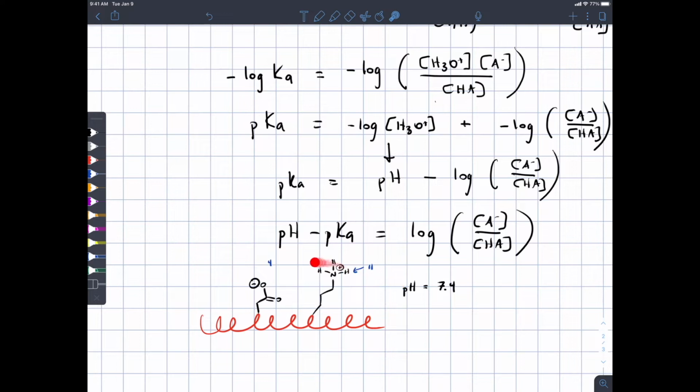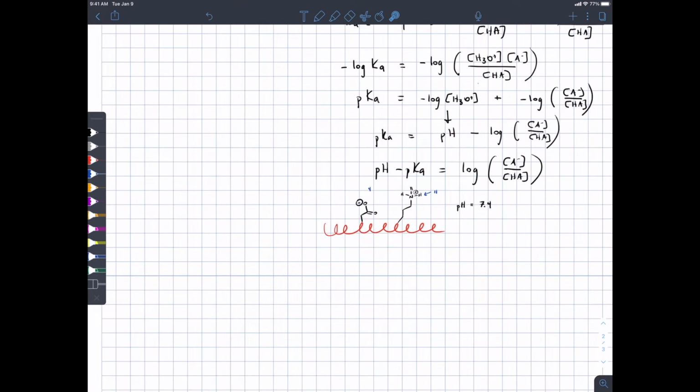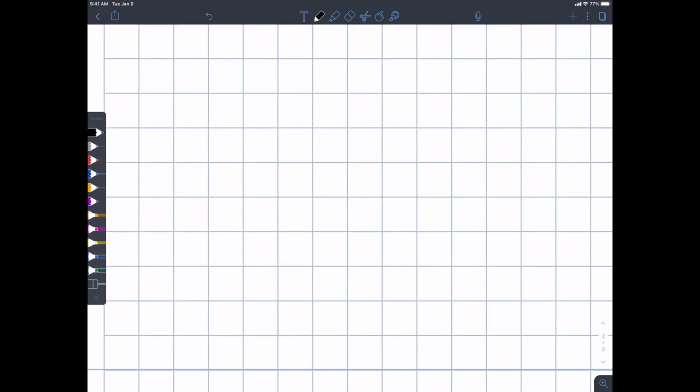There's no need to struggle with protonation states of groups in biological conditions, as long as you know what the pH is and the pKa of the particular acid or base group. You're good to go.